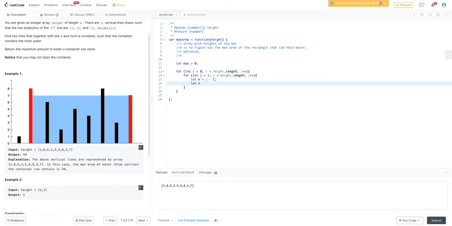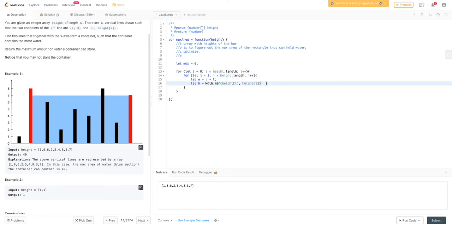Let height equals, so in this case, our height would be Math.min(height[i], height[j]). So this would give us the minimum height between the i and the j.